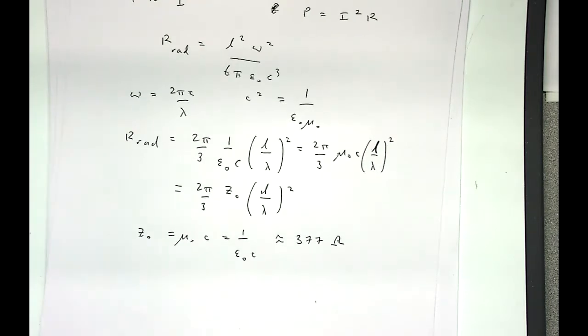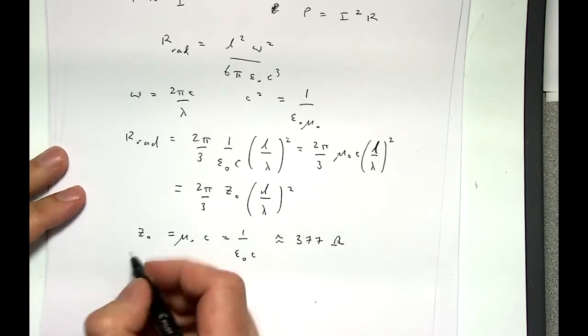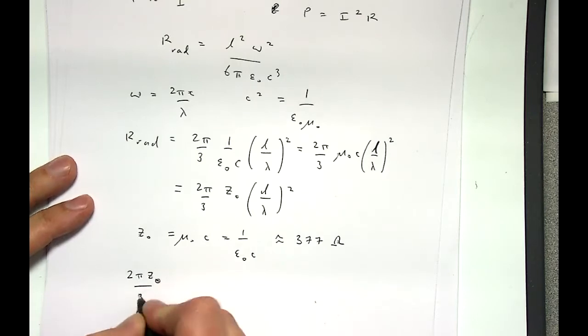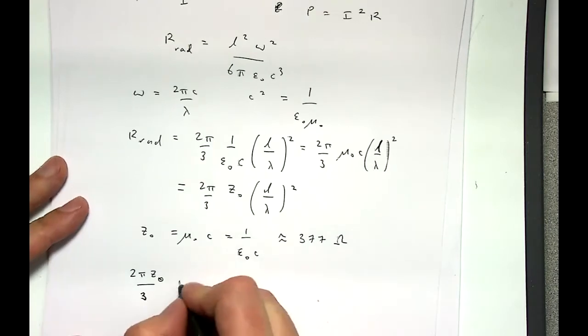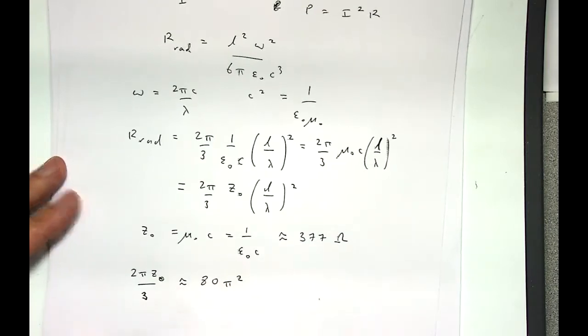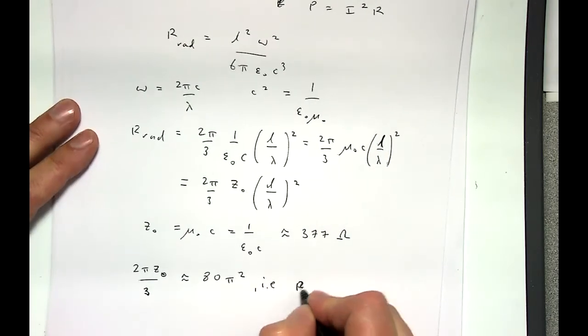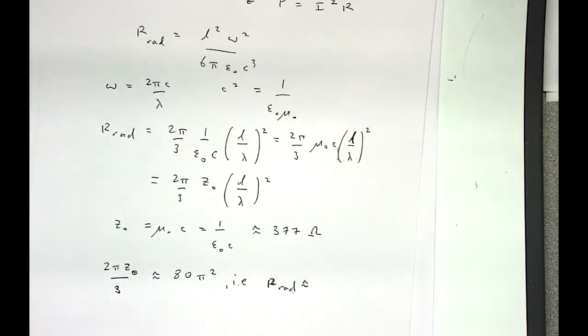Now, in some textbooks, you will very often see this factor Z0 combined with 2 pi over 3, and you often see it written, sometimes not very carefully, as an approximation, that 2 pi Z0 over 3 is approximately 80 pi squared. It's a terrible approximation, but you do sometimes see it written that way. And therefore, the radiation resistance is sometimes written in this form, and you see this a lot in engineering books, because what we're talking about here is antenna theory, and engineers write a lot of books about antenna theory in detail, and they use a lot of numerical approximations.